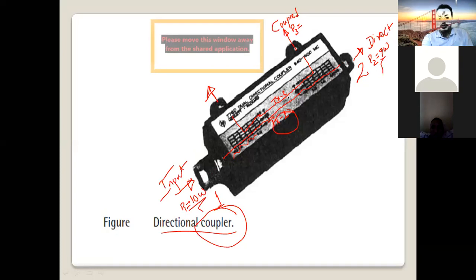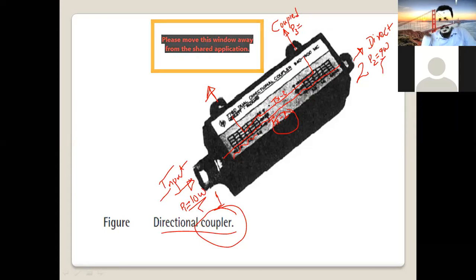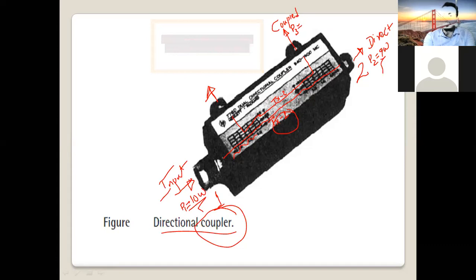We call it TX2, very close to each other. When you open a directional coupler, inside you will find two transmission lines very close to each other, two wires. So if you assume the insertion loss, the attenuation by this device, is 0, no attenuation, how much power is coupled from transmission line 1 to transmission line 2?